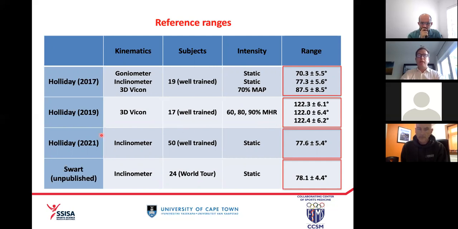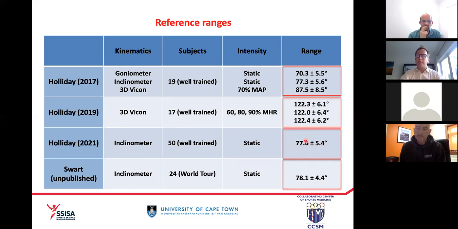If we look at inclinometer-based data in Wendy's recently published studies on 50 well-trained cyclists, we see that on average the hip flexion angle, and this is the minimum hip flexion angle at top dead center, which is where we run into problems because we're reaching the limits of hip flexion, and so that's where we measure it.